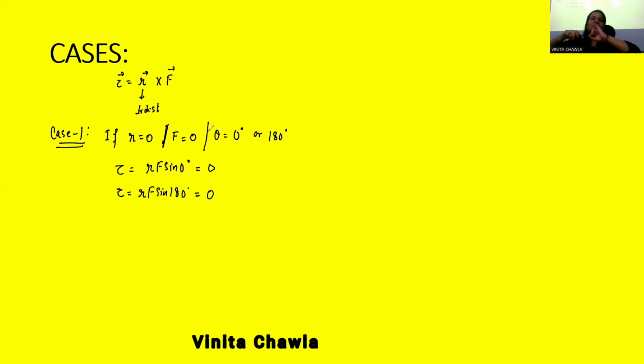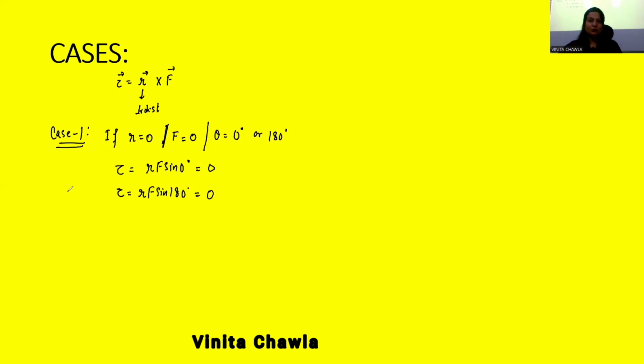So what is the angle? 0 degree. Is there any rotating effect? कहीं rotation दिख रहा है आपको? नहीं दिख रहा. So torque is 0. But if we apply force in the direction opposite to R, R is in this direction. Now we are applying force in the direction which is opposite to R. Theta is 180 degree. Again, torque is 0. ठीक है? This is case 1.